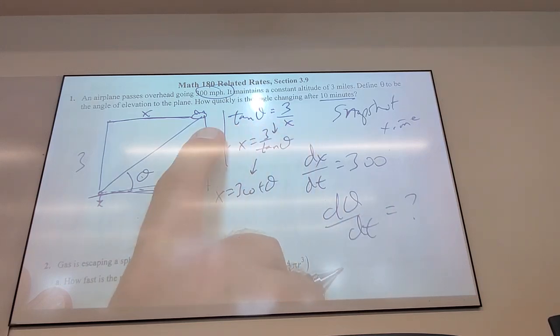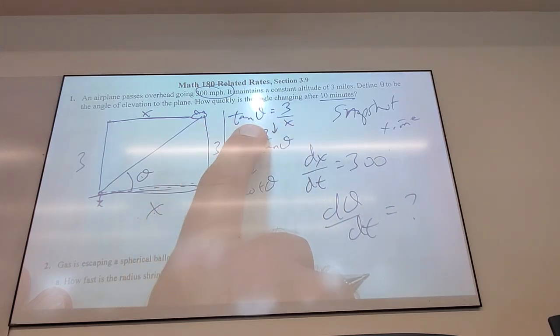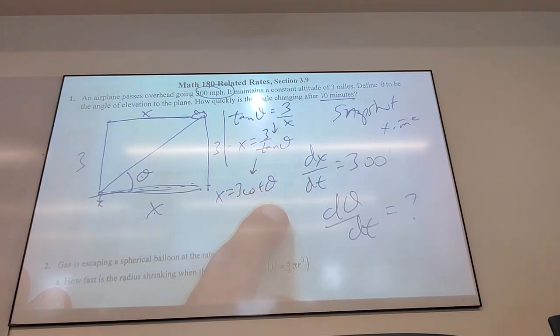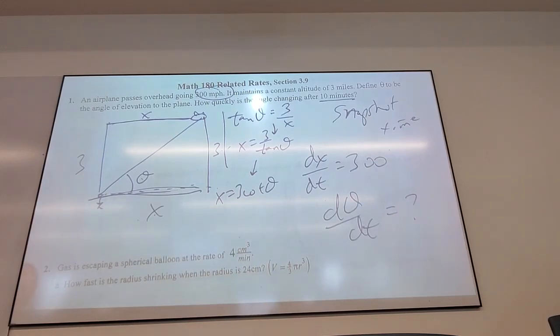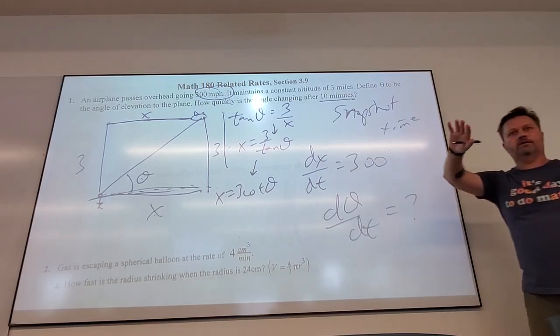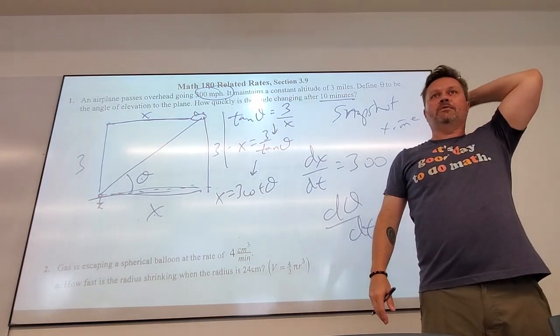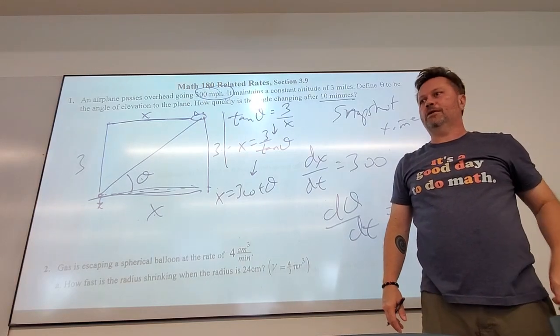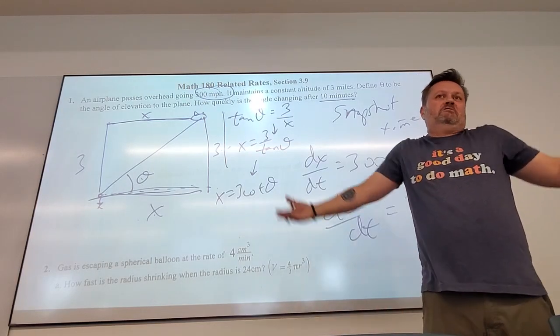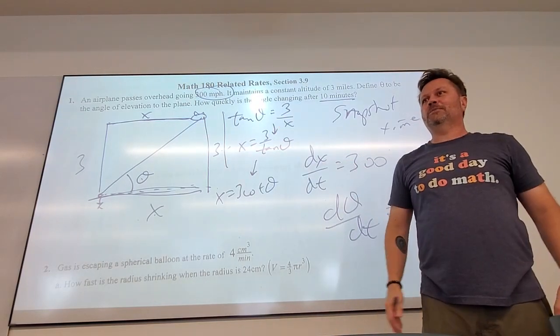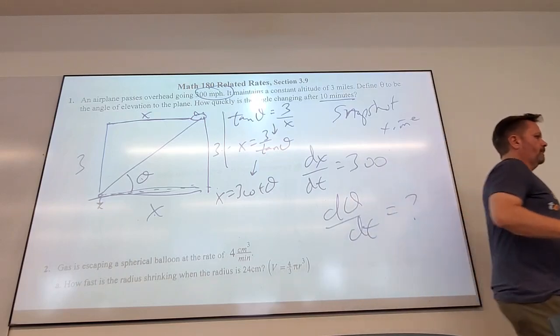X times tangent would be product rule, correct? If I divide the tangent away and then make it cotangent, now I don't have product rule, I don't have chain rule, I don't have quotient rule. I just have straight up derivatives. This is an extension of simplify the thing you're going to do calculus to, right? For example, like x times the cube root of x squared times the square root of x. Maybe multiply that out first, okay?